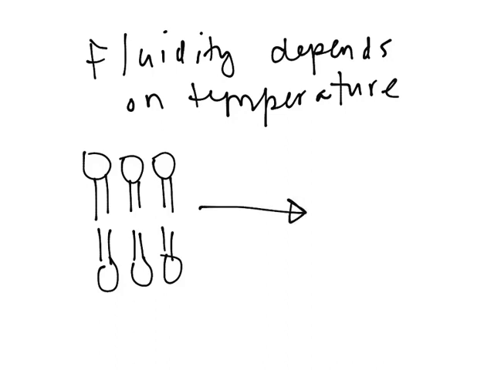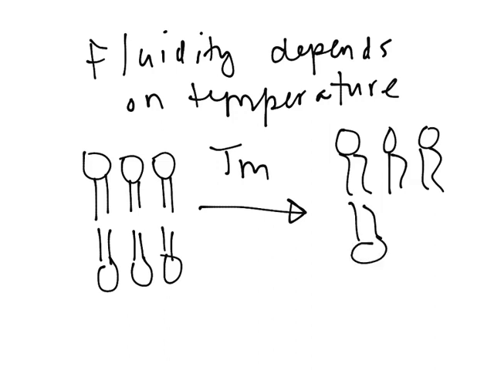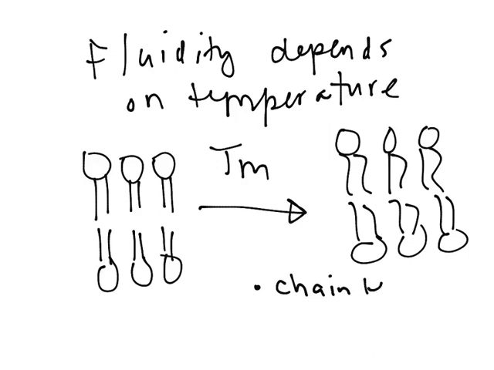And then you reach the transition temperature, which is called TM, the transition temperature, or the melting temperature of that membrane. So you hit a point then where these tails become really fluid. So that's why we always draw them with little wavy lines. So that means these tails are swinging all over the place. And what that transition temperature depends on is the chain length, right?